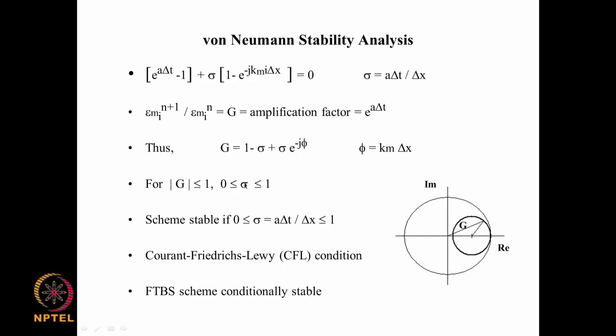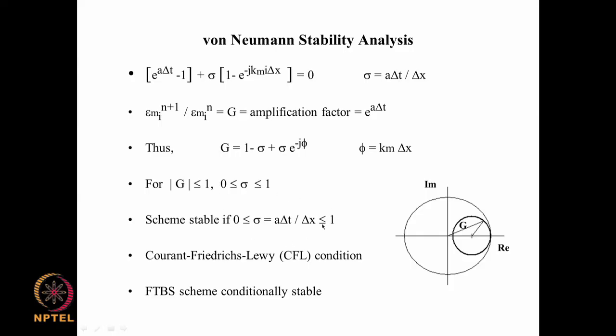If sigma is greater than 1, the center of this circle will lie outside the unit circle, so for at least some values, g will be greater than 1.